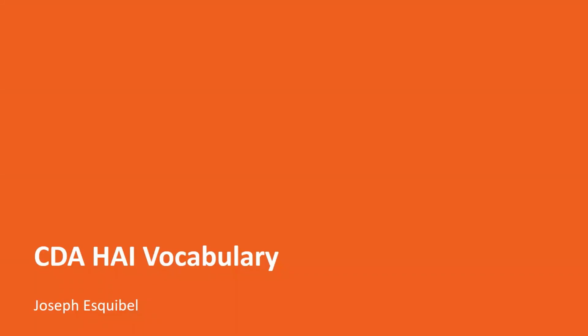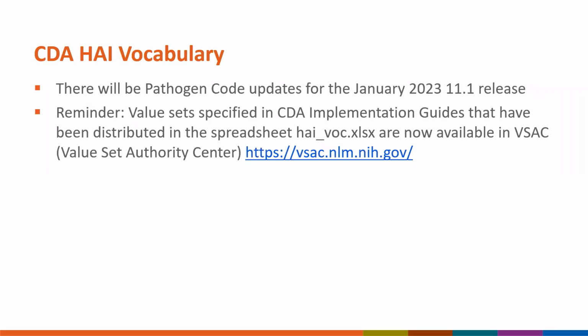Next, we'll talk about HAI vocabulary. Next slide, please. The vocabulary group has asked me to announce that there will be a pathogen codes update for January 2023 for the 11.1 release.